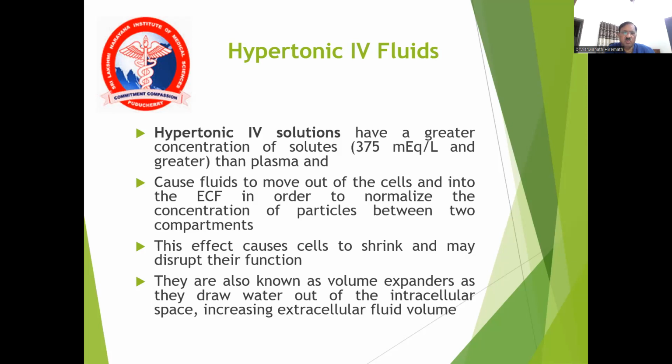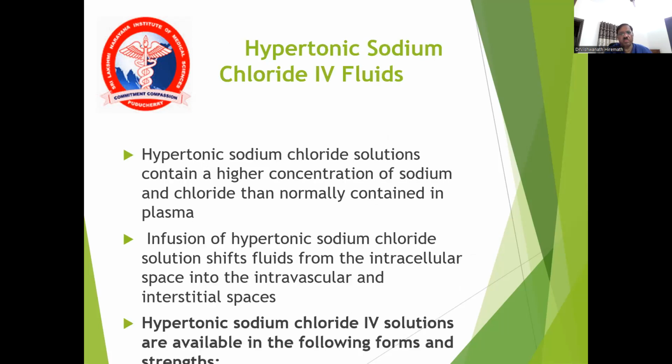They cause fluids to move out of the cells into the extracellular fluid, shrinkage of the cells, in order to normalize the concentration of the particles between the two compartments, intracellular and extracellular. So they cause the cells to shrink and may disrupt their function. They are often known as volume expanders as they draw water out of the intracellular space, increasing the extracellular fluid volume.